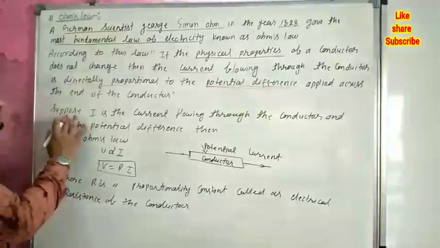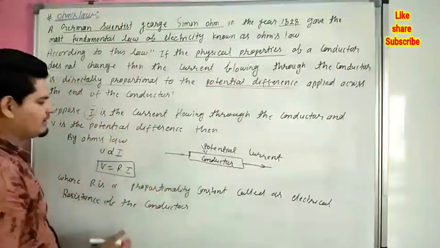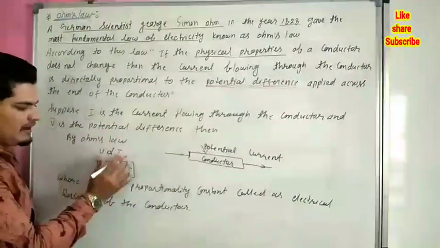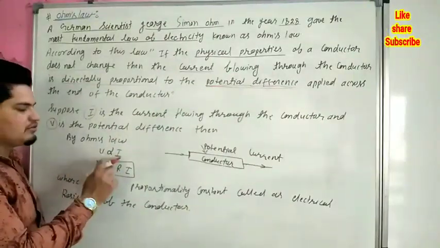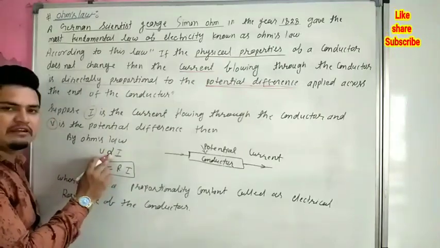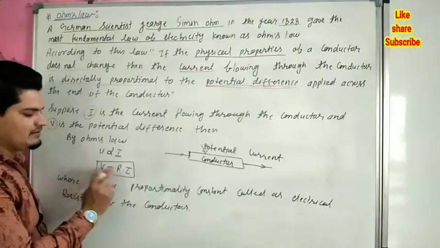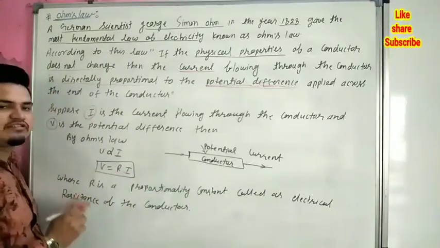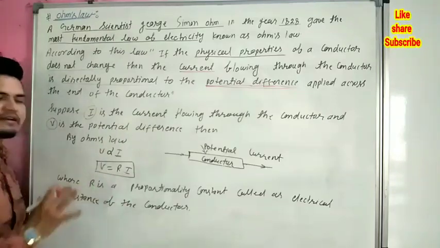Suppose I is the current flowing through the conductor and V is the potential. According to Ohm's law, I is directly proportional to V. When we remove this proportionality sign, a constant comes: V is equal to R I. This R is the proportionality constant, called the resistance of the conductor, because the resistance is different for different conductors.